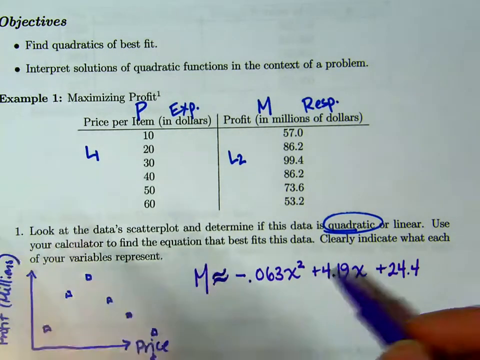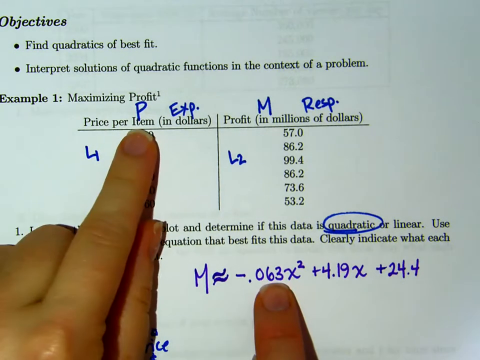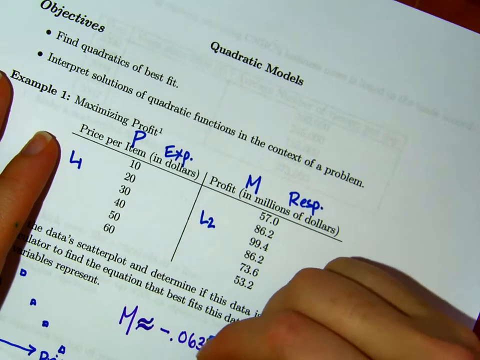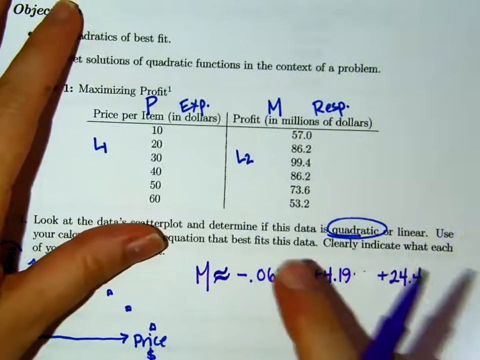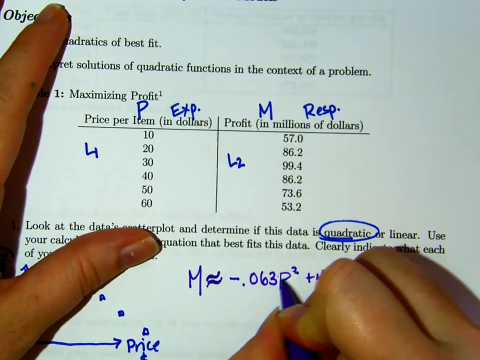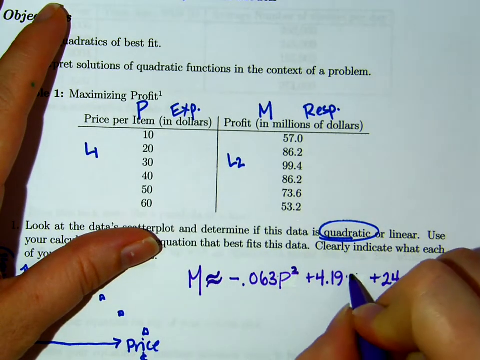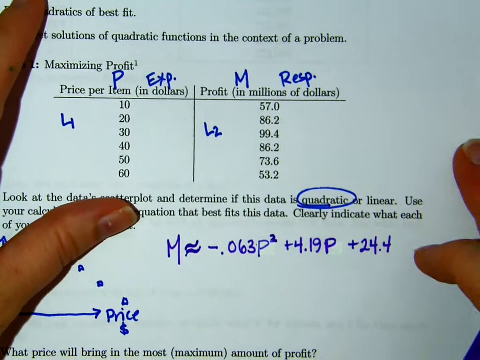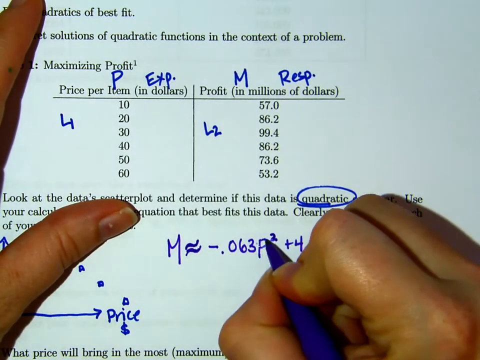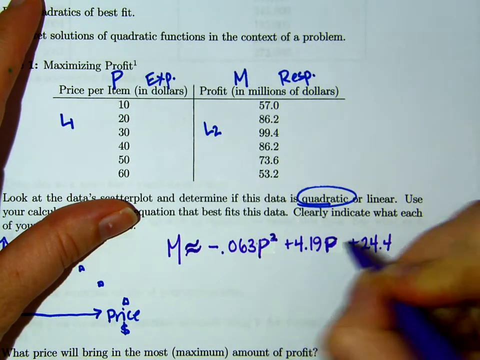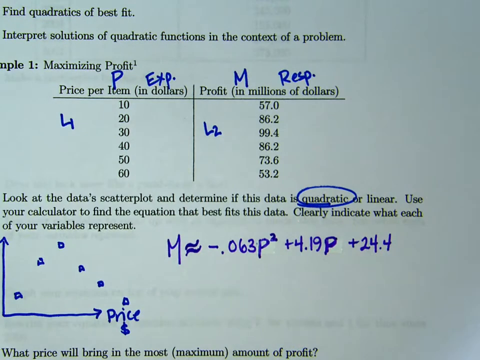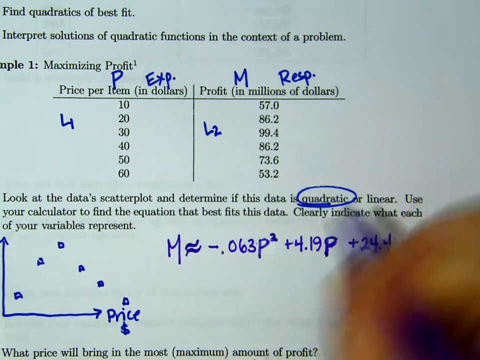Ooh, x. Do I really want to use x? No. I want to use p for price. I think x is too vague, honestly. P. Square the price. Yeah. Better. I like variables that mean something instead of are ambiguous. But as soon as I looked at the calculator, I was like, oh, let's call it x. No.